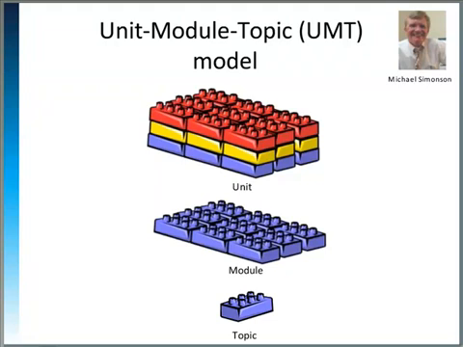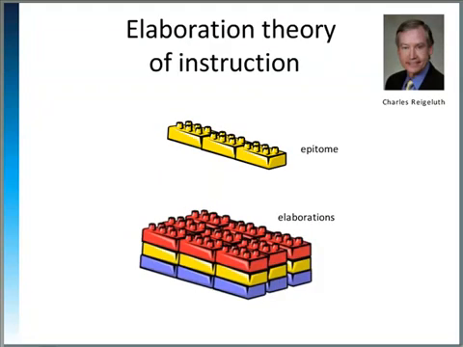But there are others. Another course design model is Reigeluth's elaboration theory of instruction. Reigeluth describes the course as being composed of an underlying structure or epitome which is referenced from time to time and then elaborated upon. Thus the name of his theory, the elaboration theory of instruction.